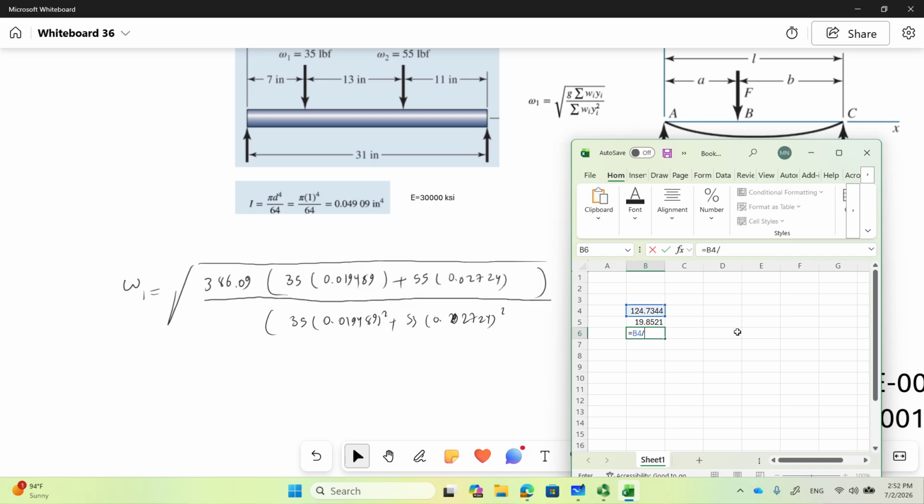You divide it by 2 pi, it's gonna give me how many rounds per second? Then I multiply by 60. So what? 1191. This is what I get.